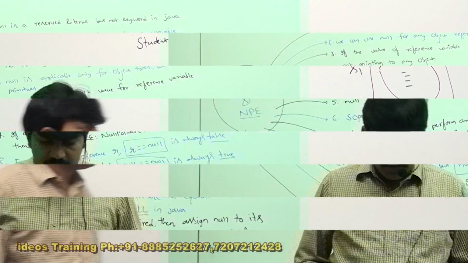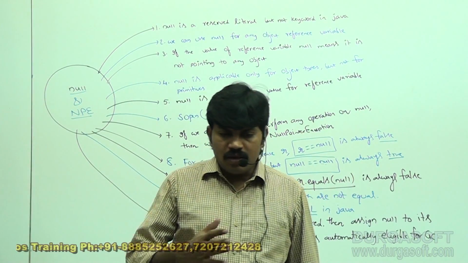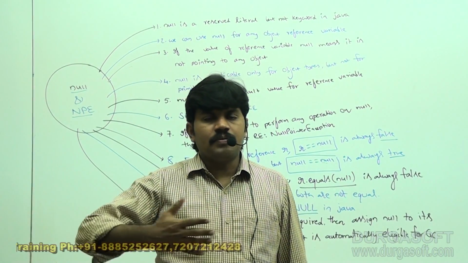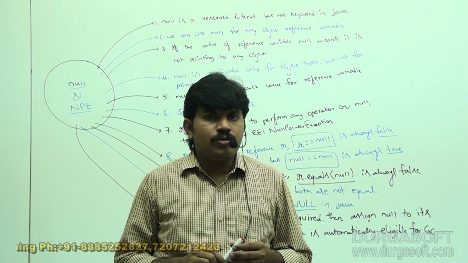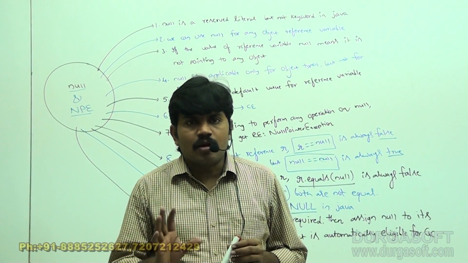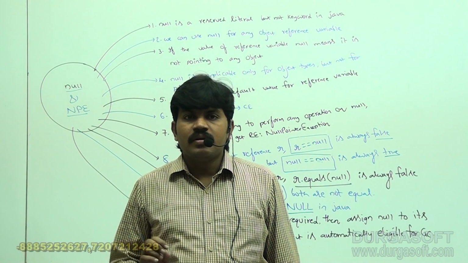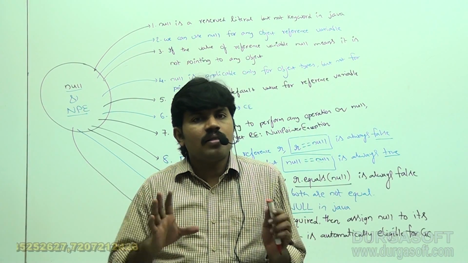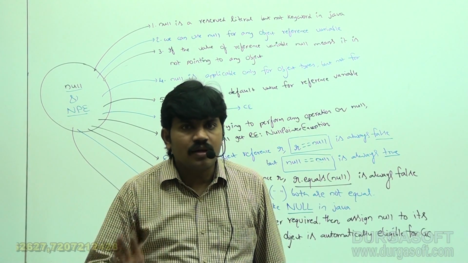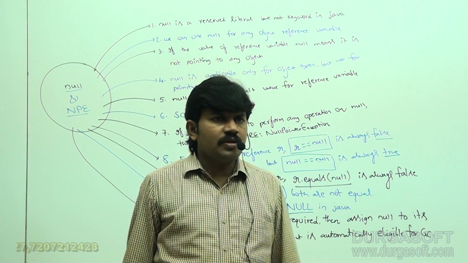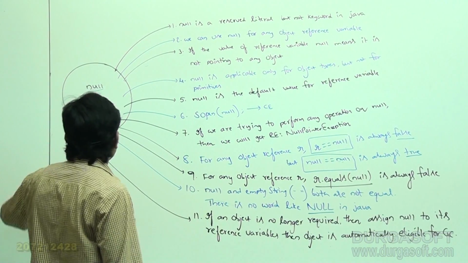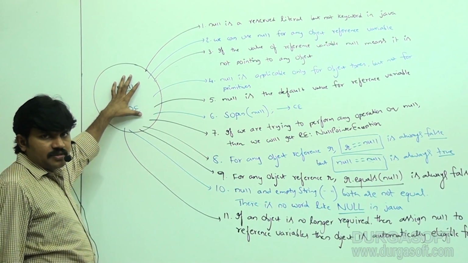Okay, just observe. In the last almost 1 hour we discussed null and NullPointerException. There are several loopholes we covered. Let me summarize all the loopholes related to null and NullPointerException.